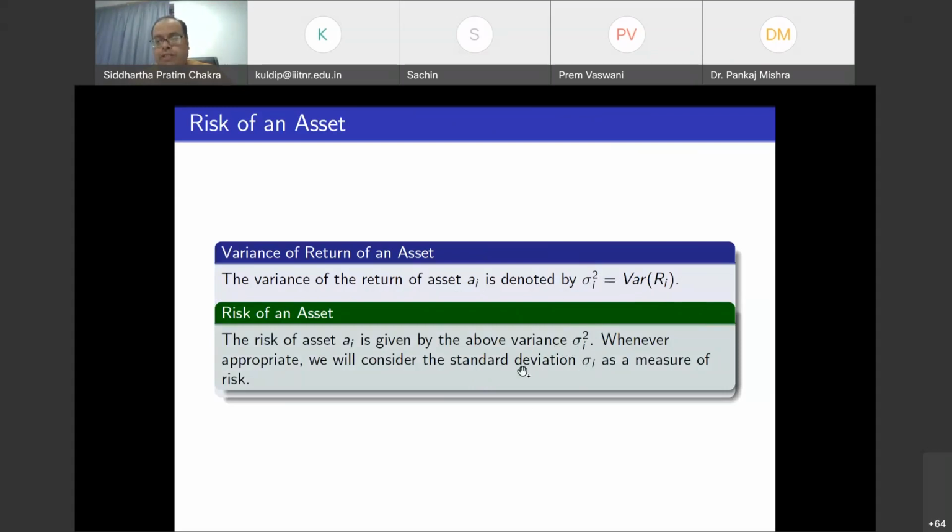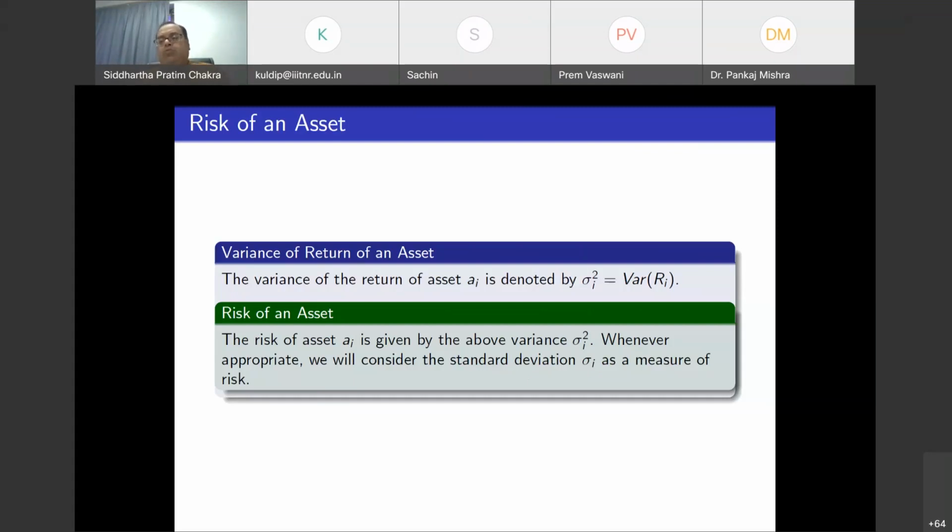So in portfolio theory, depending on the context, we will interchangeably make use of sigma i square or equivalently sigma i as the measure of risk as the situation arises. Both of them are used as a measure of risk. Now, the point that I want to note here is why I am choosing this as a measure of risk.